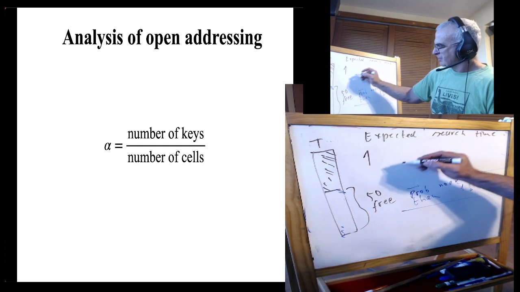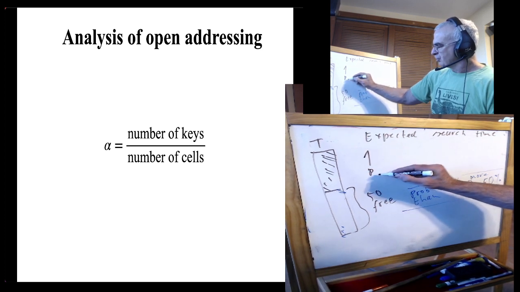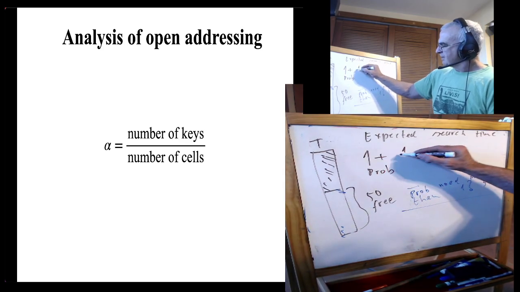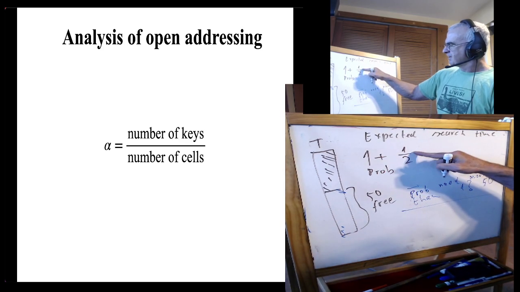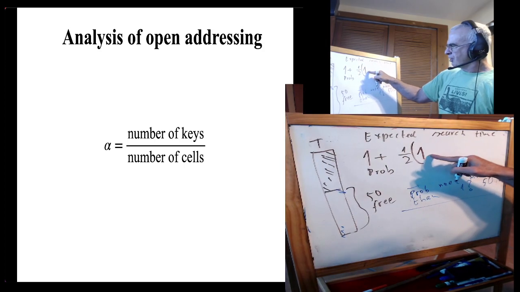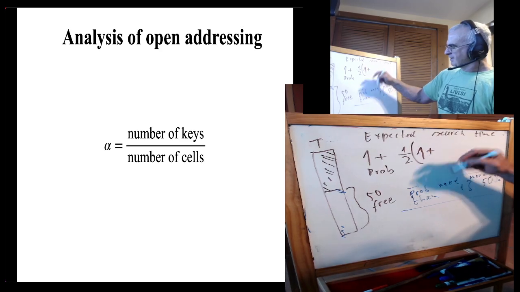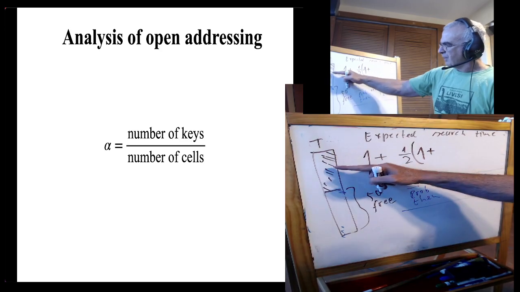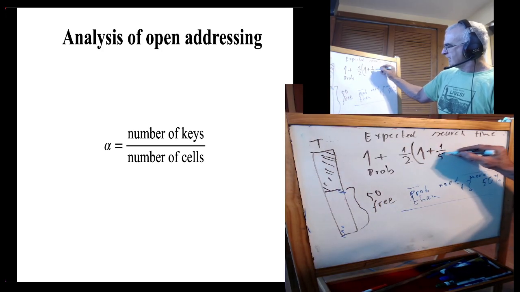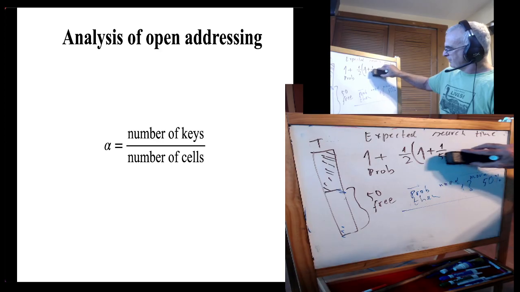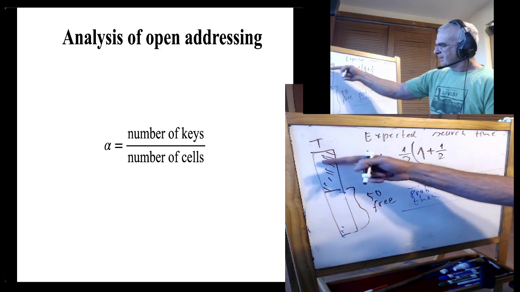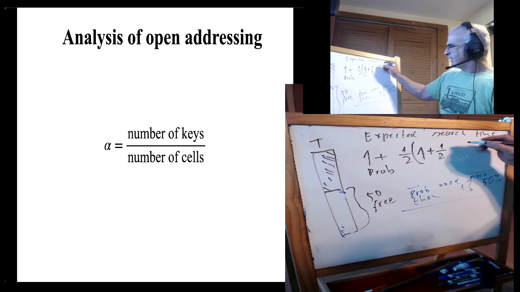I need at least one probe for sure, plus there is a 50% chance that I'll need one additional probe, plus, there is a 50% chance that the second probe landed on an occupied area as well.